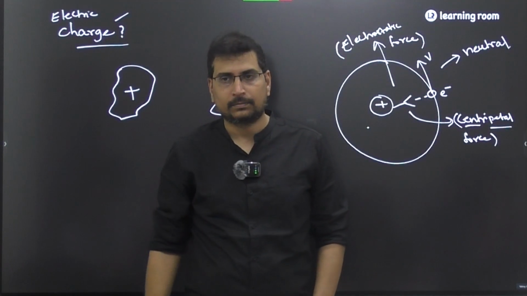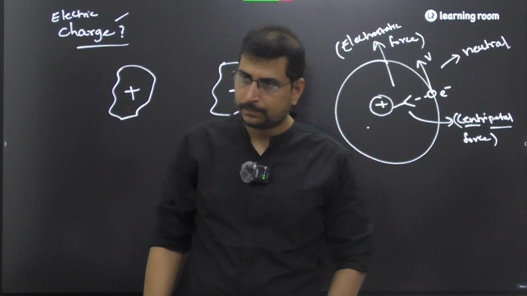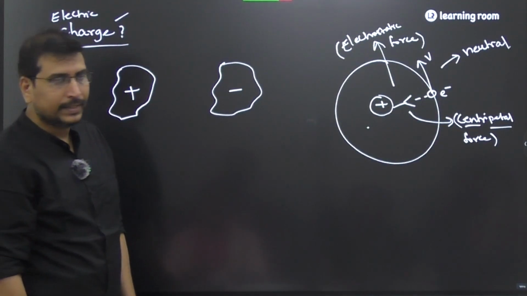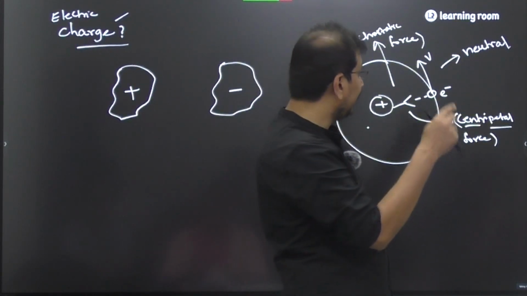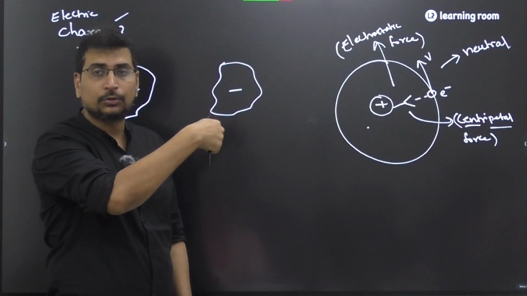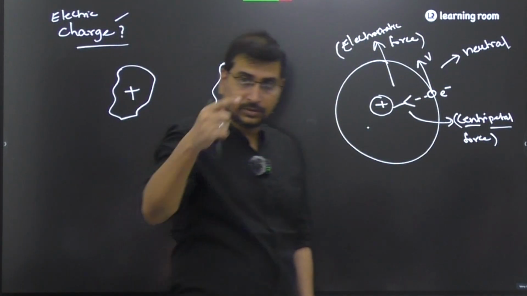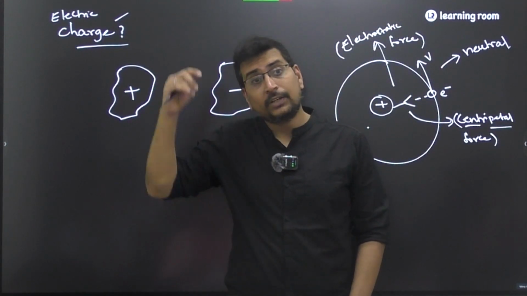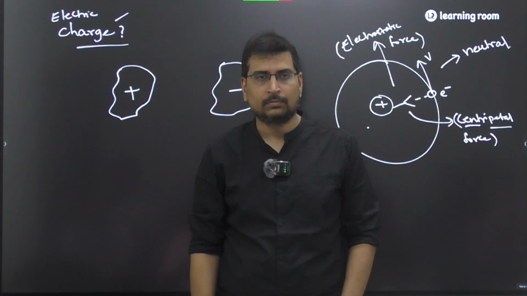Which one is easy? Why? The outer motion. Inside, the protons are not easily removed. Electrons are held to the nucleus because of the electrostatic force, but the protons inside the nucleus are held due to the nuclear force, which is many-fold stronger. You're able to understand what I'm trying to say?